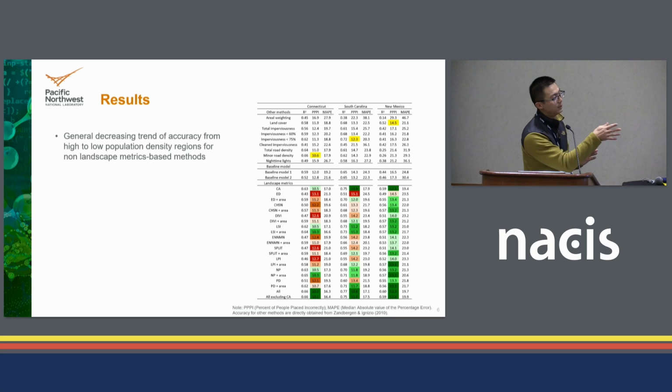But we still observe more green models, more better models in New Mexico, but more red models, more inferior models in Connecticut. That is because for New Mexico, the best performing other ancillary model highlighted in yellow has much lower accuracy, but the performance of our landscape metrics stays kind of stable. That's why we observe more models performing better in New Mexico.